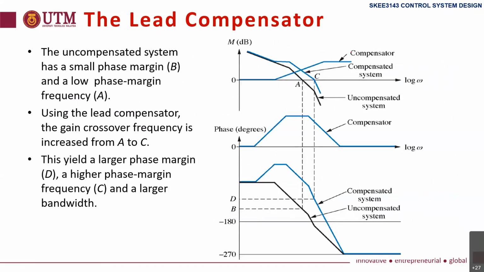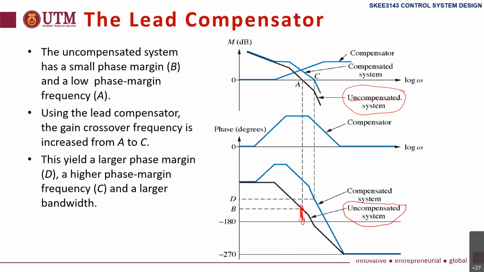Let's see the black one, the uncompensated system, which is the system without a controller. Here is also the uncompensated magnitude and phase. In the figure here, the uncompensated system has a small phase margin. So this is the phase margin of the uncompensated system.